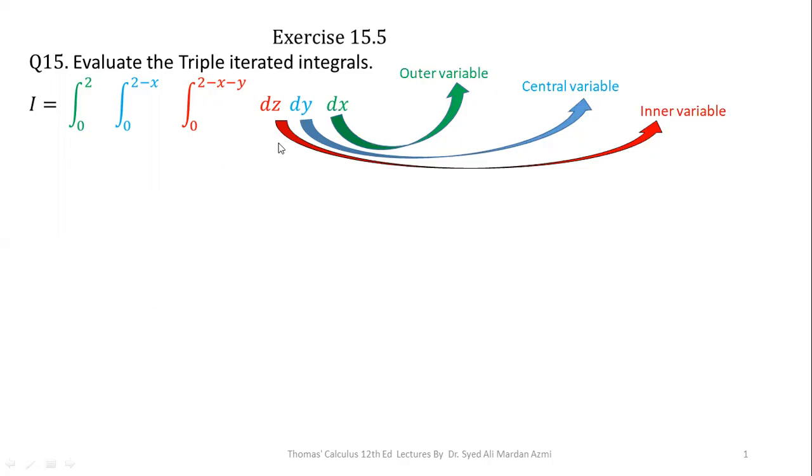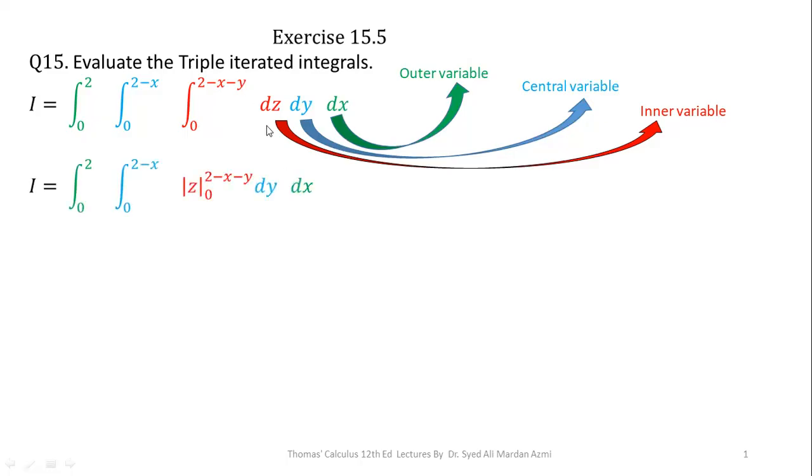What it means is, we always move from the inner variable towards the outer variable in triple integrals. Moreover, the limits of the inner and central variable may be constant or variable, but the limits of the outer variable are always constant.